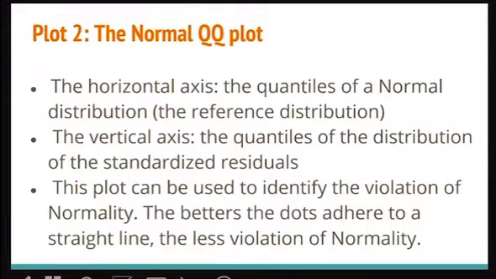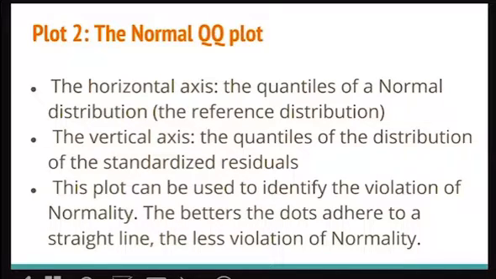Now, what is being plotted here? I try to explain the normal QQ plots. What do we have in the horizontal axis and what do we have in the vertical axis? In the vertical axis of a normal QQ plot, we got the quantiles of the distribution of the standardized residuals. Of course, I've walked you through how residuals can be standardized.